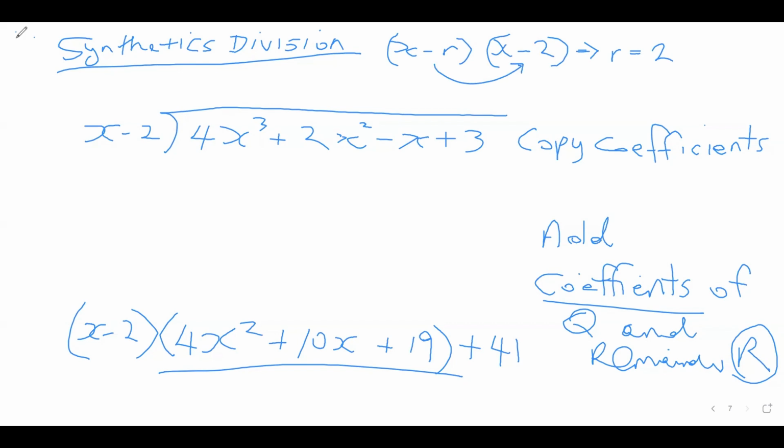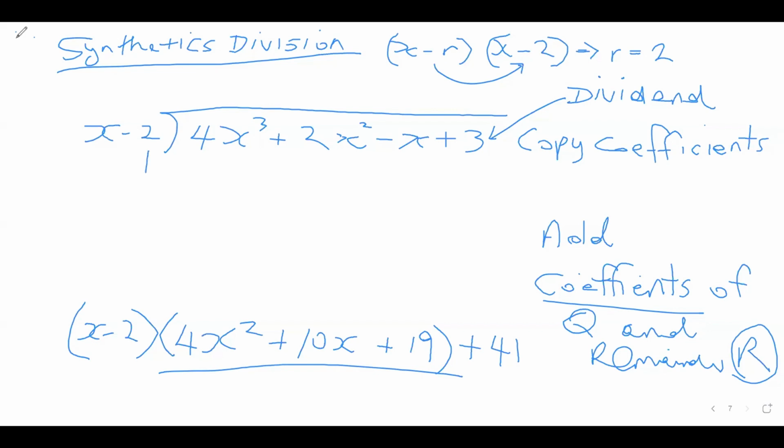This is the representative of what we're looking for in order to find the quotient. And we know that this is our dividend. The question was, what is our quotient when we divide 4x cubed plus 2x squared minus x plus 3 by x minus 2.